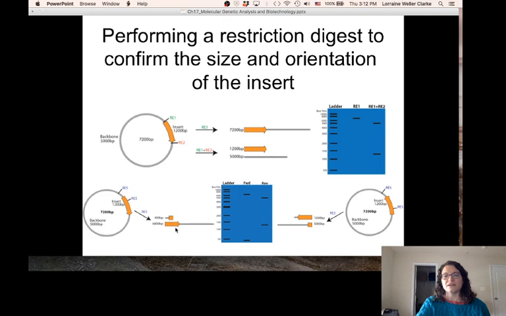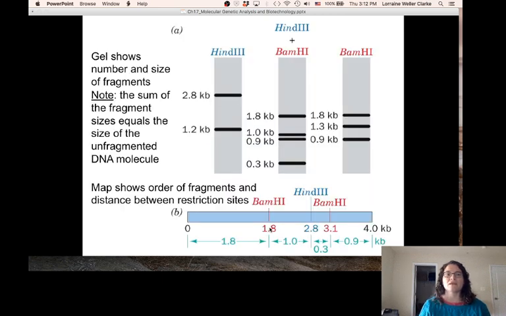And so it's where the resistance ones have gone in reference, okay? So when you break it down and you measure them, you can see whether it's forward or reverse, okay? So again, you want to make sure that it's been digested properly and that it's been inserted properly, okay?